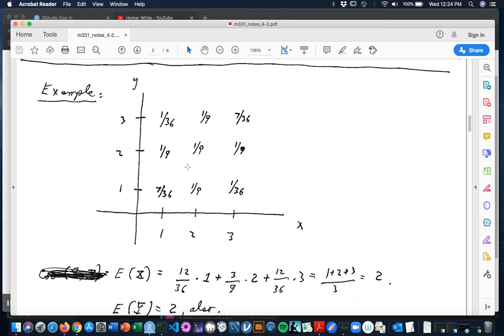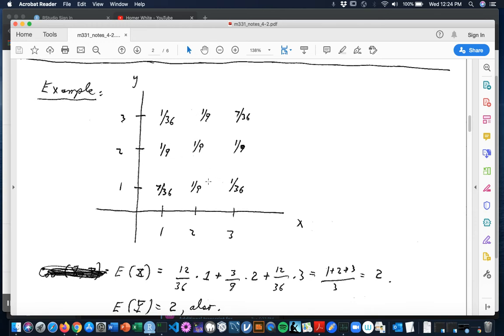And if you look at these values, 5 of them are 1/9, for a total of 5/9. And then if you look at the others, they're all over 36, and they add up to 7 and 7, which is 14, 15, and 16. 16 over 36. Okay, and 5/9 would be 5 times 4 is 20/36.